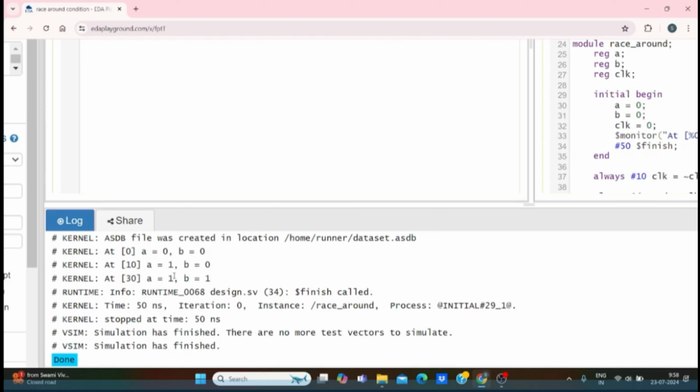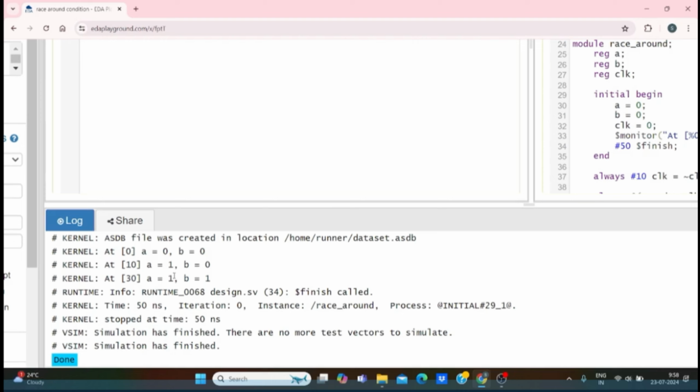But in case of non-blocking statements, the execution is done in the active region, but the assignment is not done. Okay, so now this assignment is having some period of time, they are leaving some period. Since it is done in non-blocking statement, you may not miss the particular statements.